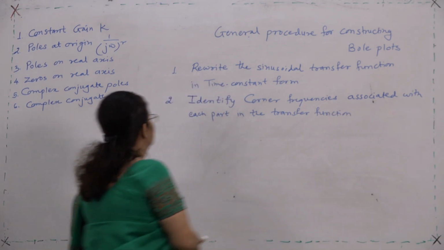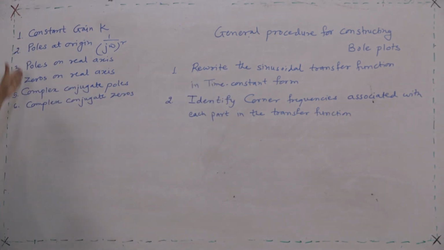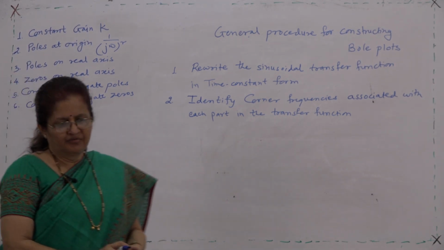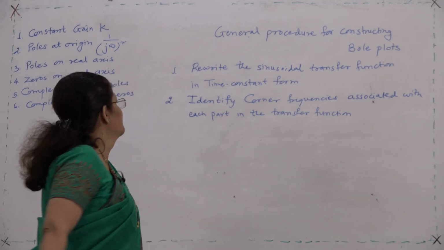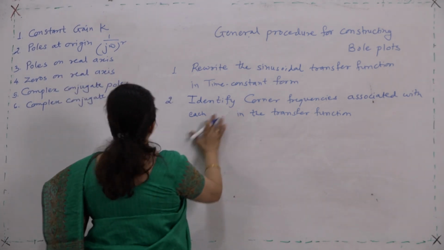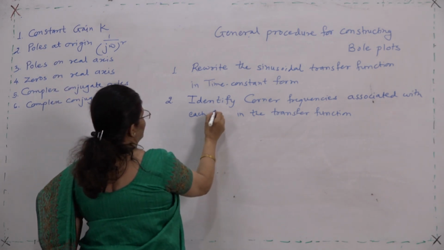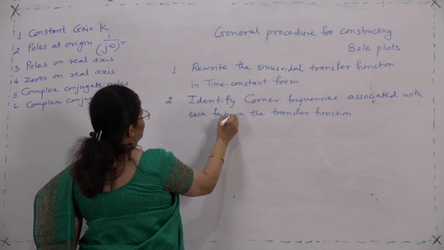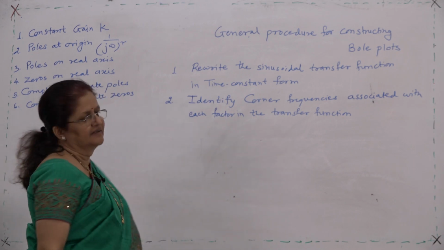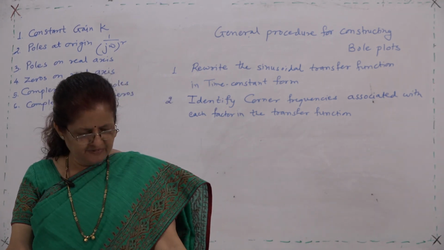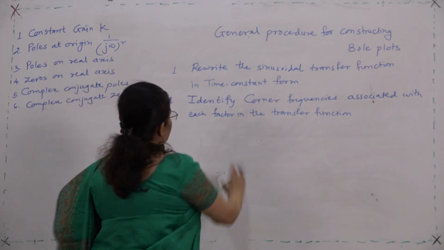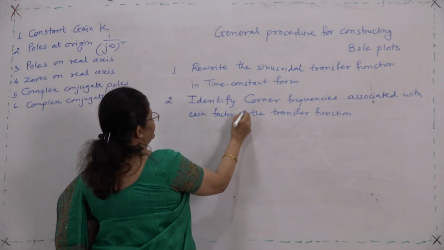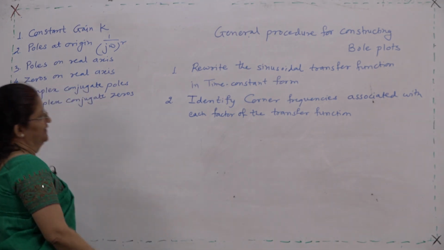The meaning is that these are the separate parts, and you find the corner frequency for each part or each component, each factor, because we are considering it in terms of factors. Each factor of the transfer function.